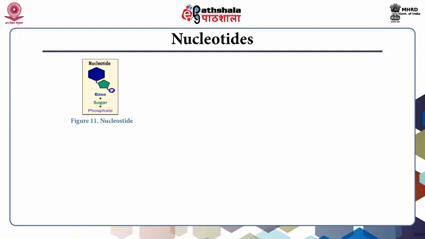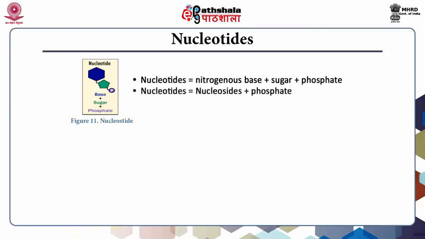They function as building blocks of nucleic acids. To make it easy to understand, you can say if a phosphate is added to a nucleoside, it will become a nucleotide. So, a nucleotide can be written as nitrogenous base plus sugar plus phosphate, or nucleoside plus phosphate.